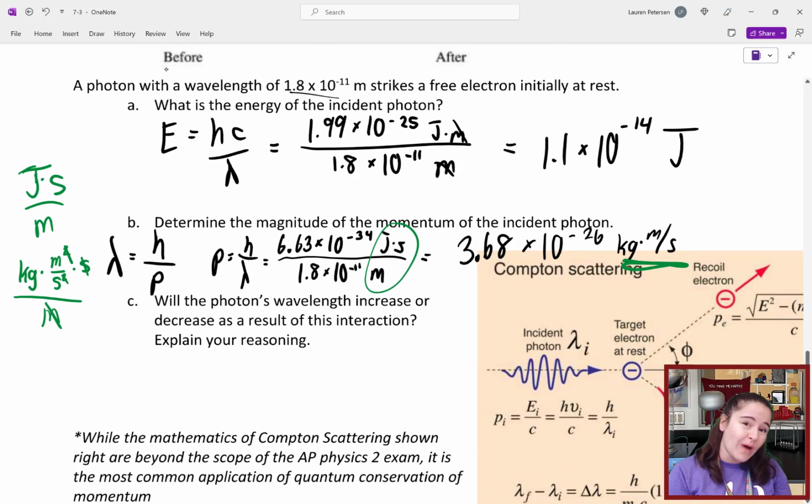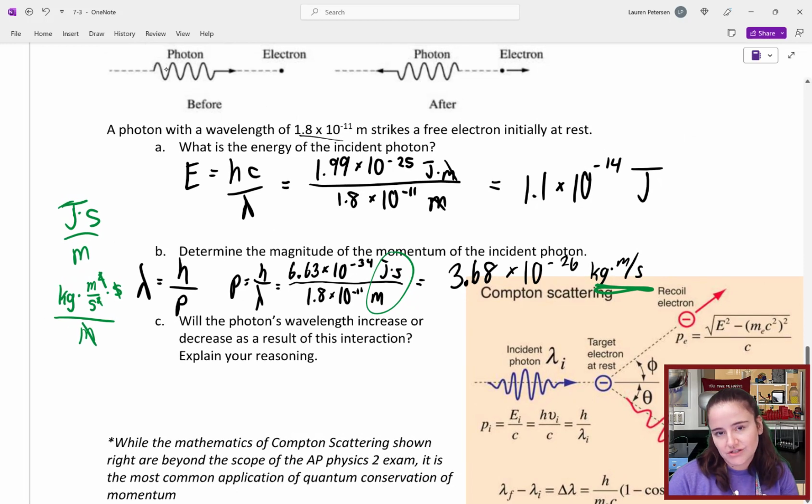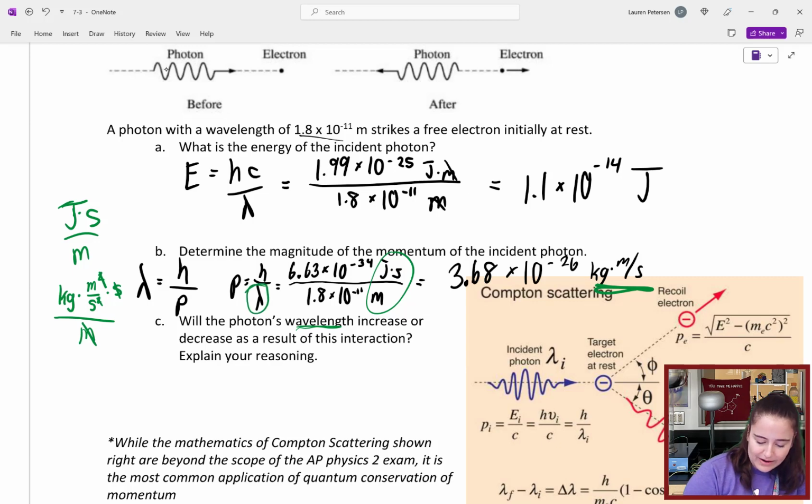So will the photon's wavelength increase or decrease as a result of this interaction? These kind of qualitative questions are how the AP Physics 2 curriculum tends to address these. If we're thinking about its wavelength, what will happen to its momentum? Initially, the photon had some momentum, but the momentum of the electron equals 0. After, the electron does have some momentum.